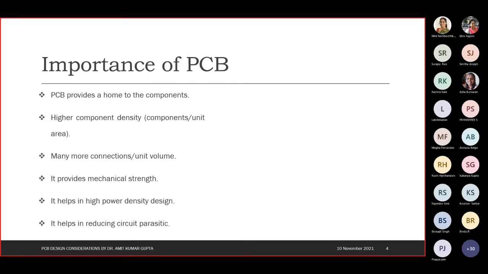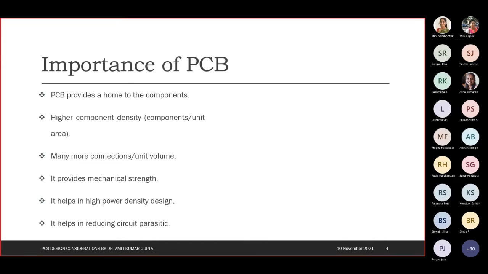But I request you, I am starting from the very basics, then we'll go to some really useful stuff. So kindly bear with me if you find it very basic sometimes. I kept in mind that all of us should get a bit of benefit out of this presentation.